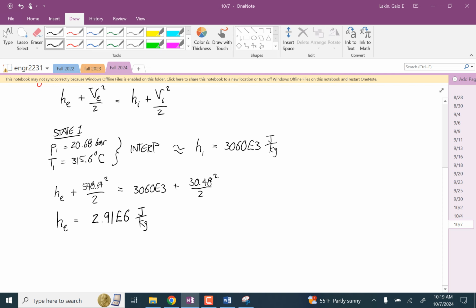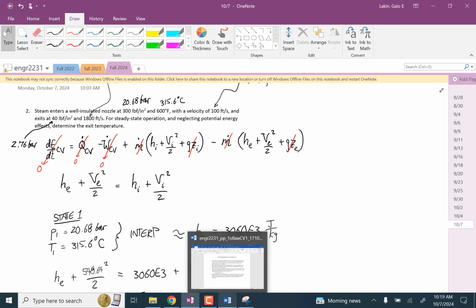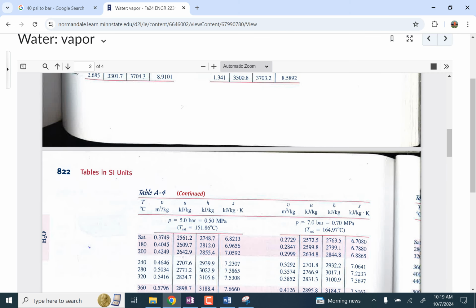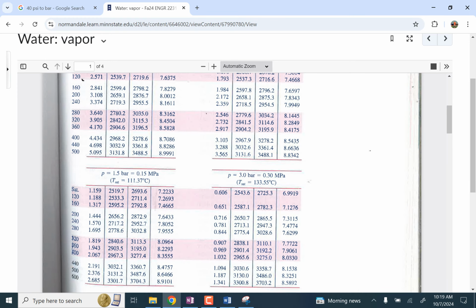And now we're going to go to the table again at, say, 3 bar. You would have to do this as an interpolation, and it would be a super pain, but we're basically doing a reverse lookup. So we know that the pressure is 2.76, so let's call it 3.